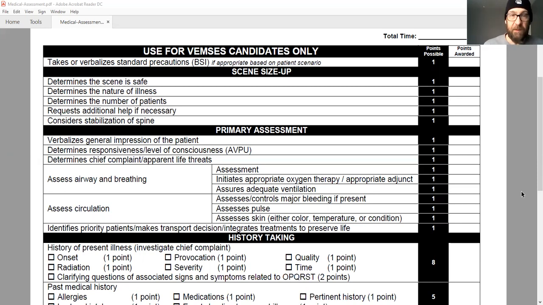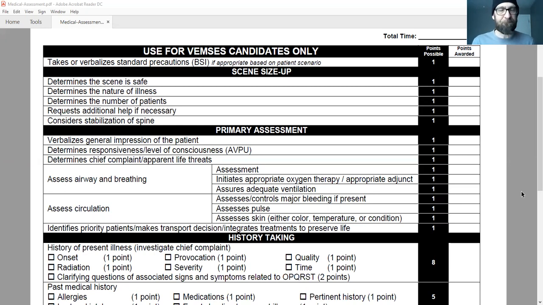So when we're doing these, we're going to have this dispatch information. For this, let's just say it's something very simple that we can all imagine right now. We're going to say that our patient is having chest pain. Sometimes in the dispatch information for these assessment sheets, we'll get some additional information beyond the chief complaint.